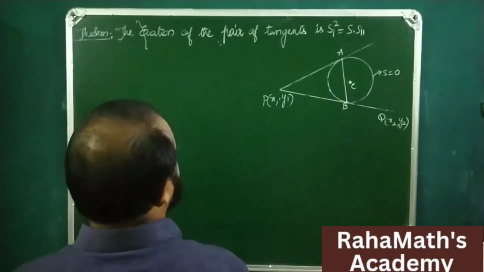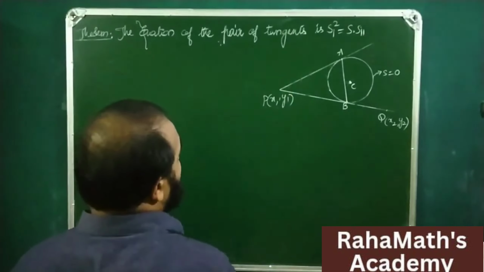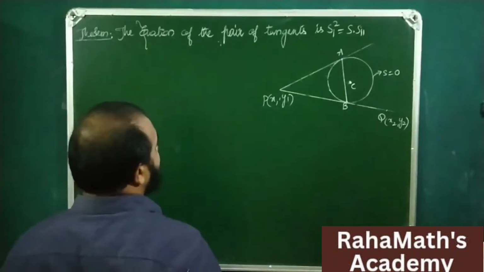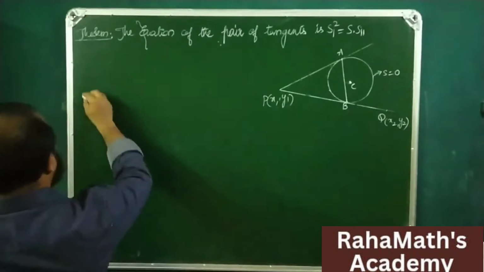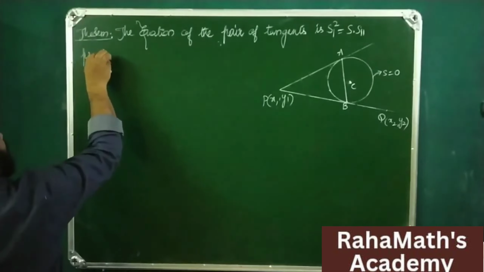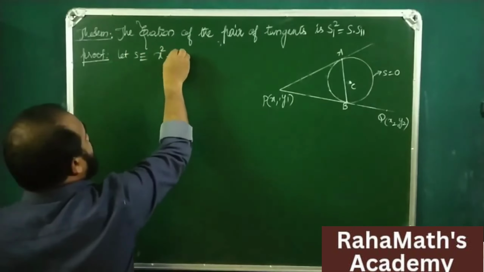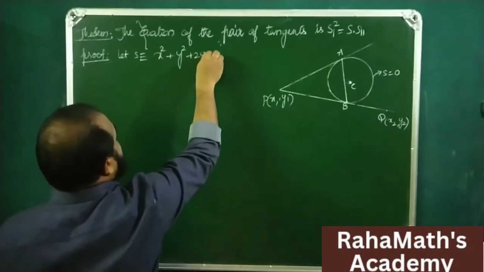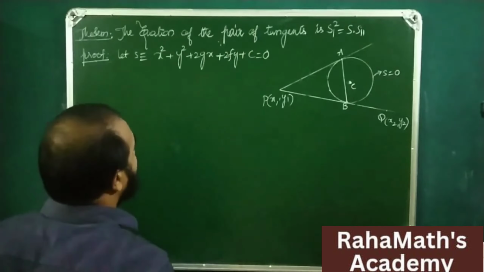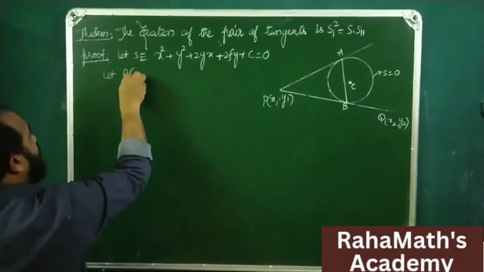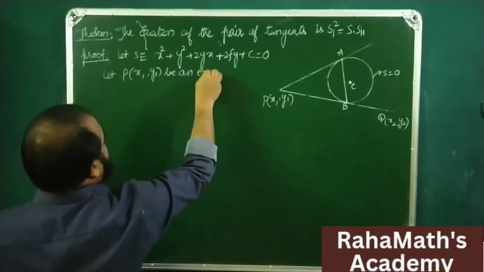Now the next theorem: the equation of the pair of tangents is S1 square equals S into S11. So these are the pair of tangents. Proof: let S be x square plus y square plus 2gx plus 2fy plus c equals to 0. Let P(x1, y1) be an external point.